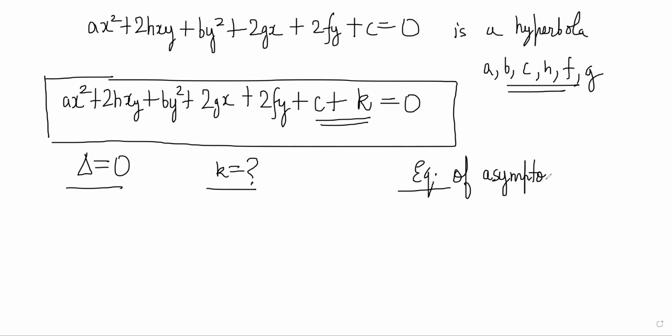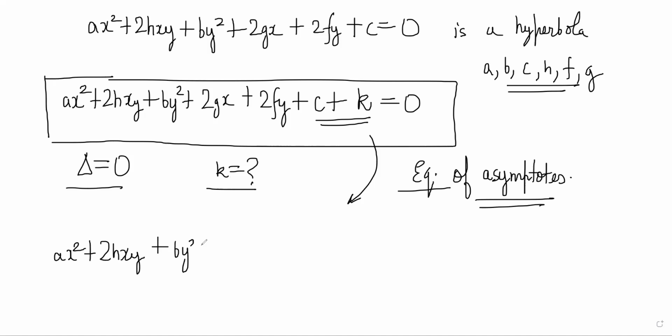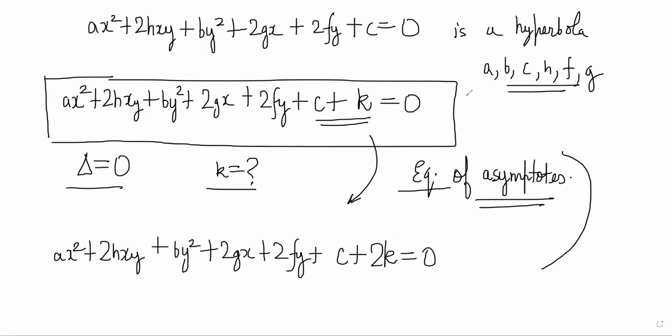And once you get that, you also get a third thing. Now you can add a plus k to that, and the equation of the conjugate hyperbola also you get, right? It will be, conjugate hyperbola will be plus 2k, right? Because the difference between this and this, and the difference between this and this has to be the same, correct?